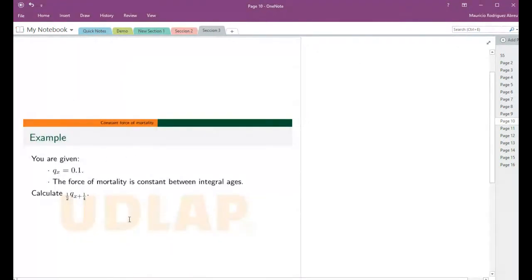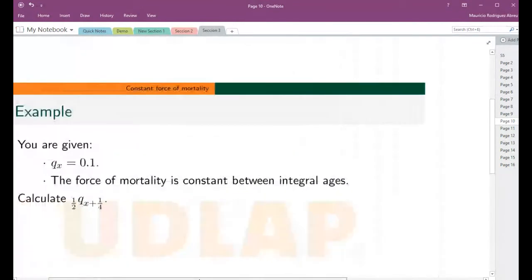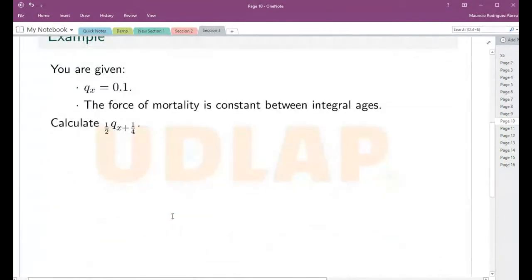Let's see what happens with the same example that we had before. We have this probability of death, and now we know that the force of mortality is constant between integral ages. So this is our assumption: instead of having a uniform distribution of deaths, we have a constant force of mortality. So let's estimate this probability of death.